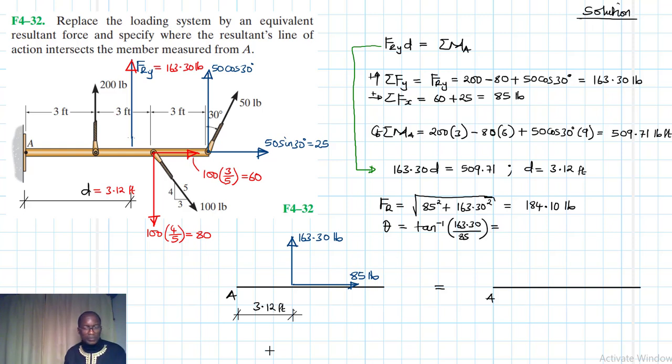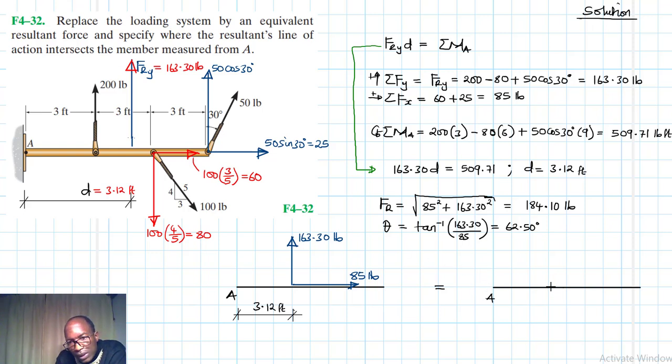What's the angle? 163.30 divided by 85, tan inverse of that, we get 62.50 degrees. 163.3 divided by 85, 62.5 degrees.